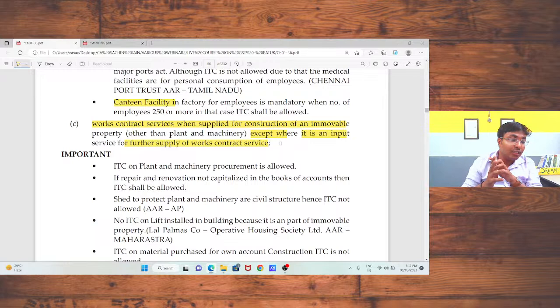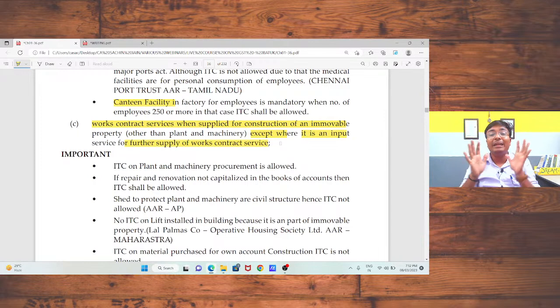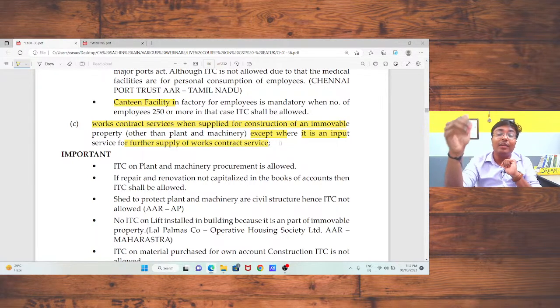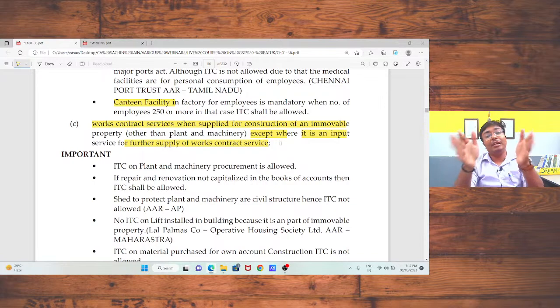Can we avail ITC on buses hired for employees to commute to offices? Providing the transportation facility is not mandatory under any act. So this is not an obligatory service provided by an employer to an employee, and this is not covered under transportation of passengers. In that case, input tax credit is not allowed.